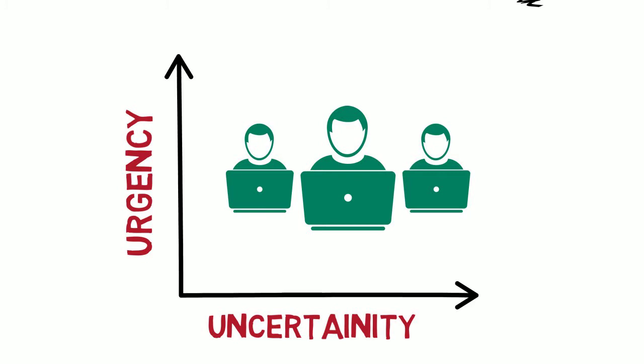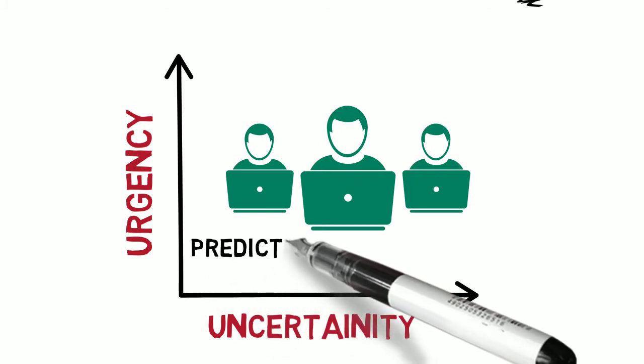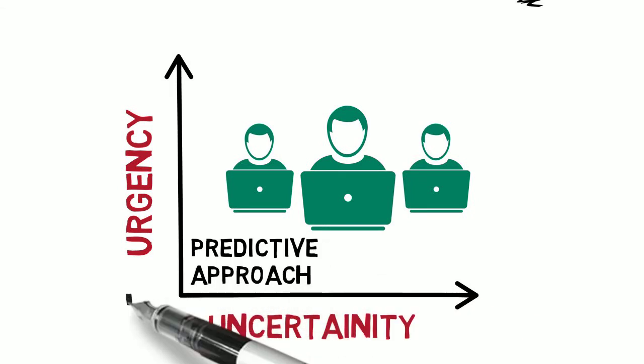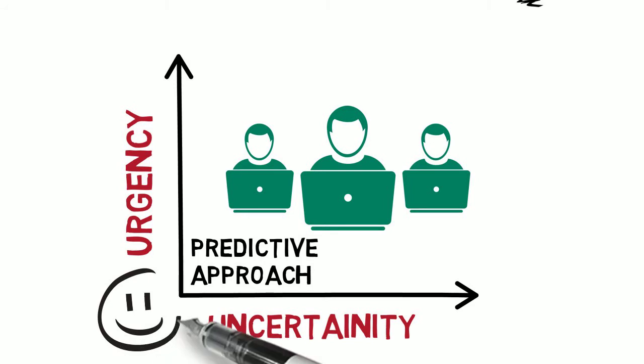In software development, in the early periods, people were following what they call a predictive approach. And this approach works quite well when you have a relatively low level of uncertainty combined with a relatively low level of urgency. So you can plan and do stuff quite well then.